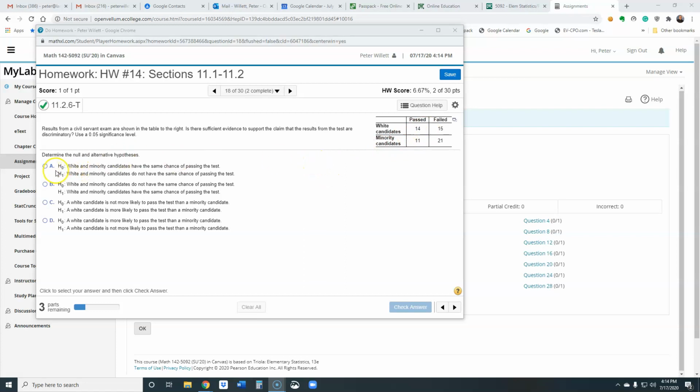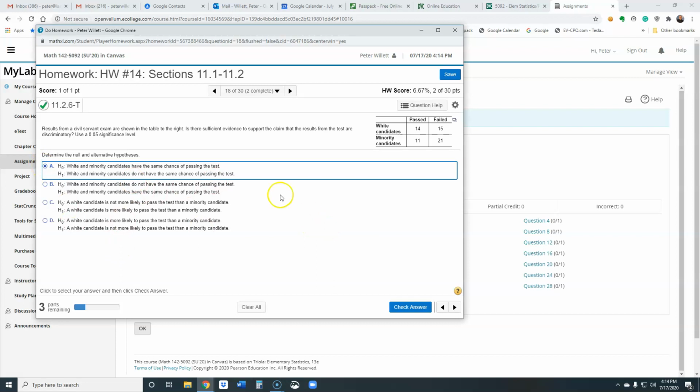So looking at the choices here on part A, it says white and minority candidates have the same chance of passing the test. That would mean that they are independent of each other. White and minority candidates do not have the same chance of passing the test. That would mean that they're dependent on each other. So that's the configuration that we want. The null hypothesis is that they're independent, and the alternate is that they don't have the same chance of passing, that there's a dependency there.